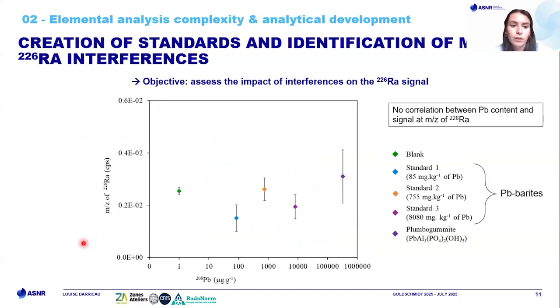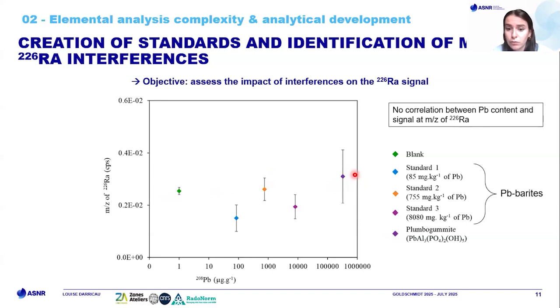So here you have the signal at the mass selected for radium, and here you have the content of lead in some standards. So we have a blank here with no lead, and we have here 3 different barite enriched in lead, so with 3 different contents of lead. And here we have also the signal for the plugongumite, the one where we can see the really lead oxide signal. And as you can see, we do not have an impact on the radium signal.